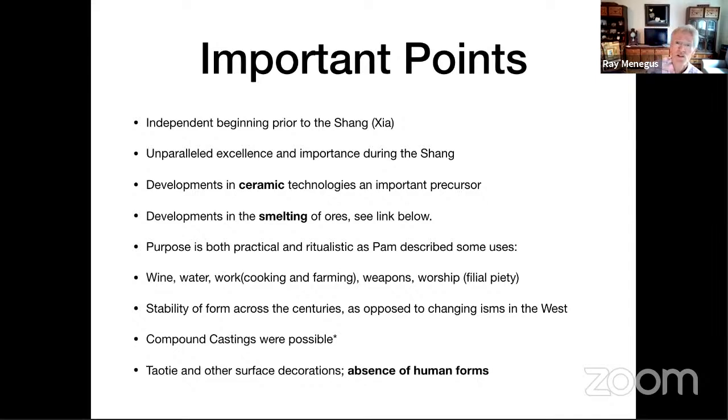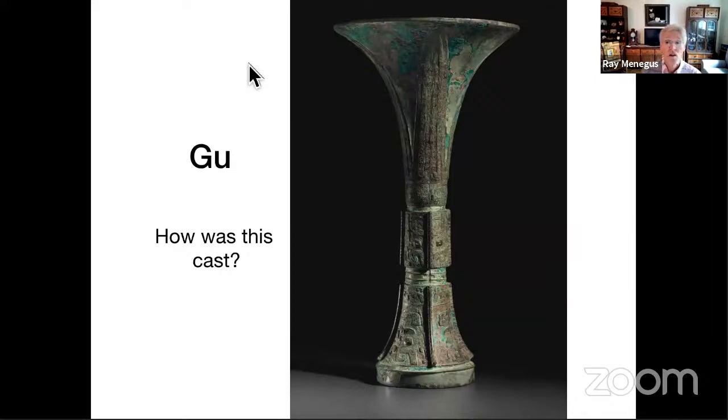So we know that many things were taking place during the Neolithic period that then made the casting of bronze during the Shang Dynasty a possibility. And in fact, it had an unparalleled excellence anywhere in the world. So bronze casting in Shang Dynasty China was without exemplar.